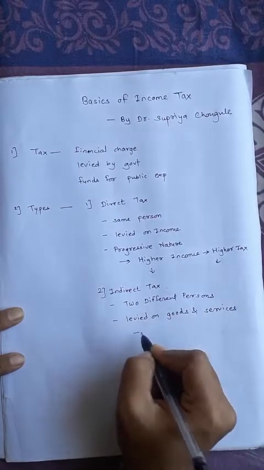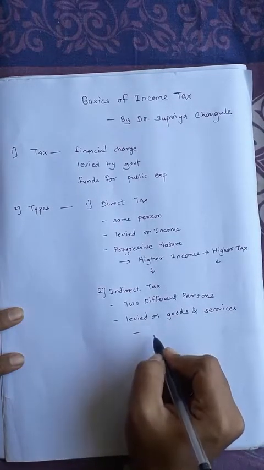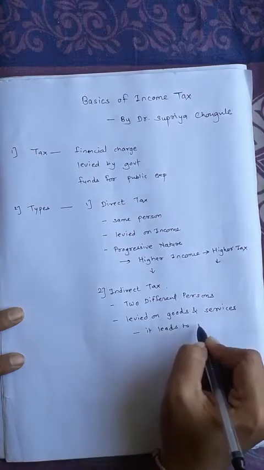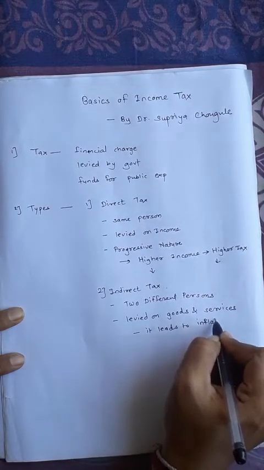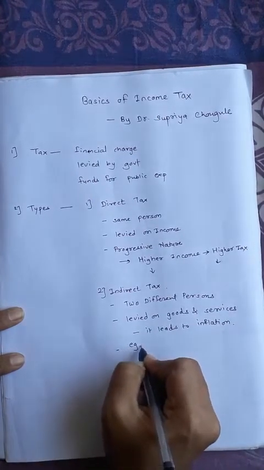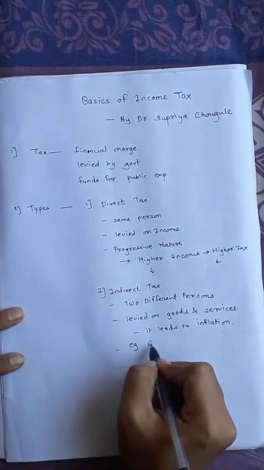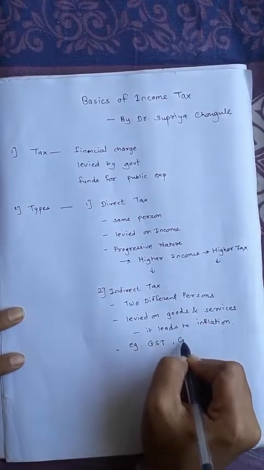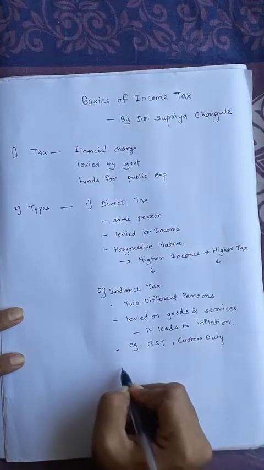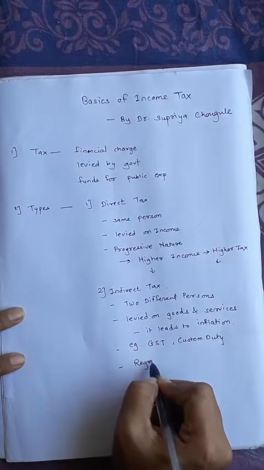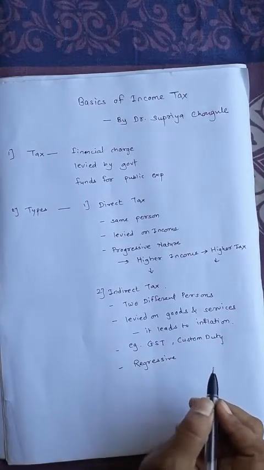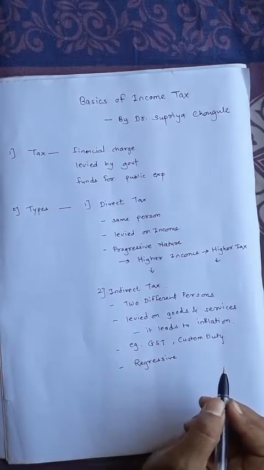Thus, it is also said that it leads to inflation and has a wider base too. The examples of indirect tax are GST and custom duty, etc. It is regressive in nature. That means it is equal on goods and services.